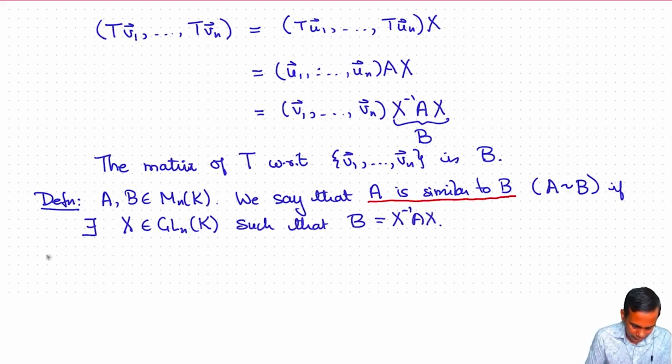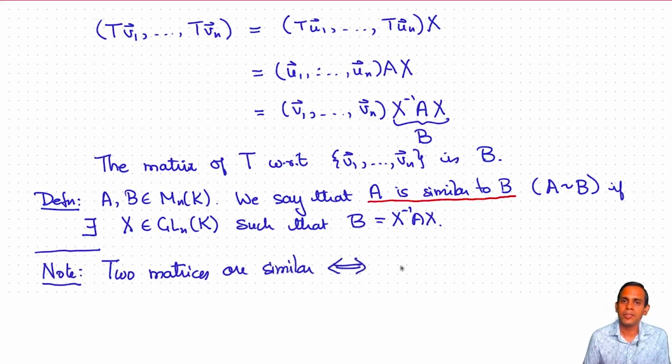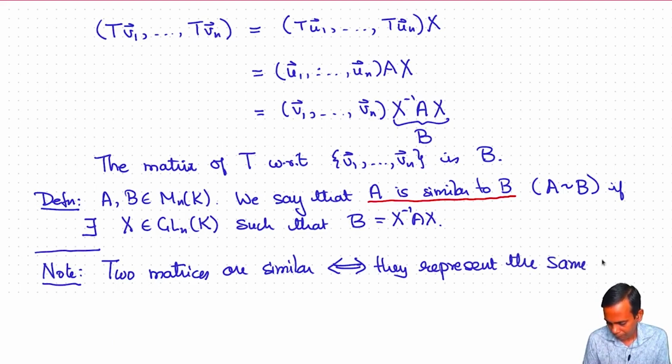And the point is that two matrices are similar if and only if they represent the same linear transformation with respect to possibly different bases.